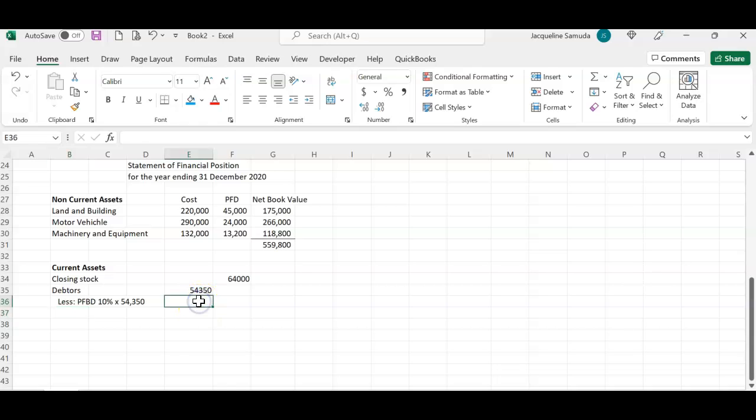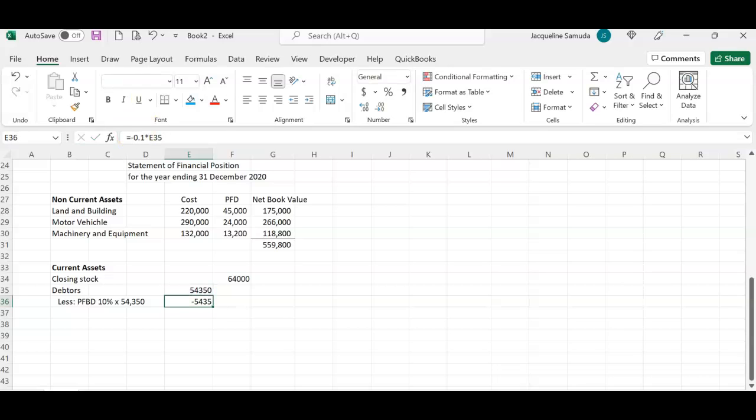So what we're saying is that 10% of this figure may not be collected. So we're going to take out this amount of 5,435, because what it is essentially saying is that we think that this amount may not be collected.